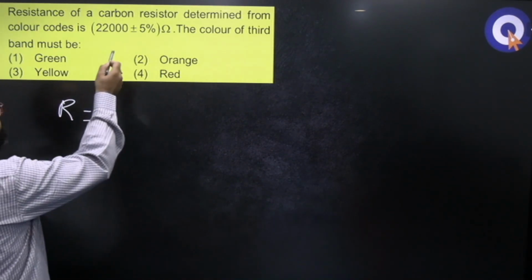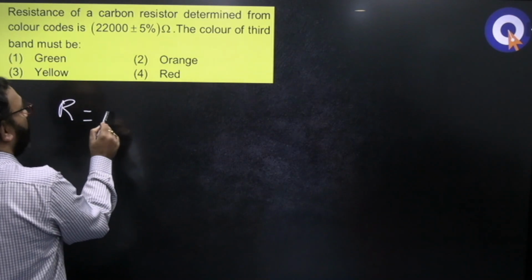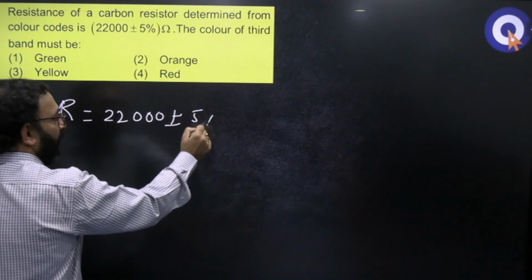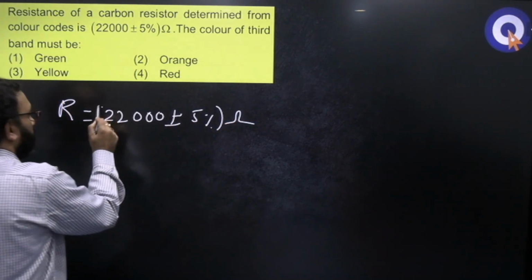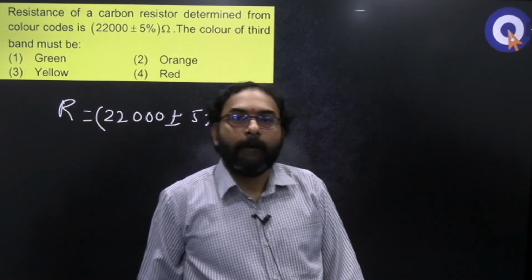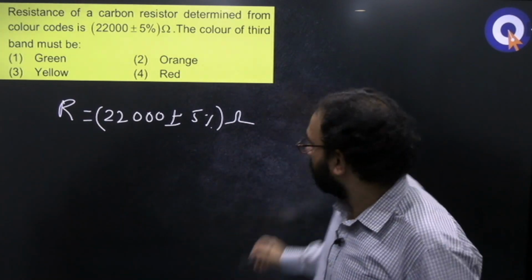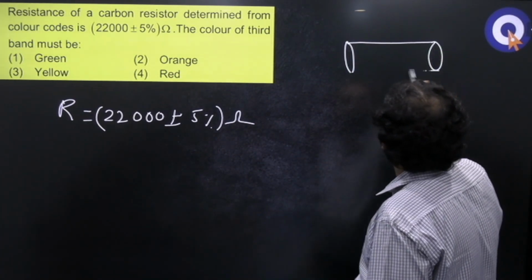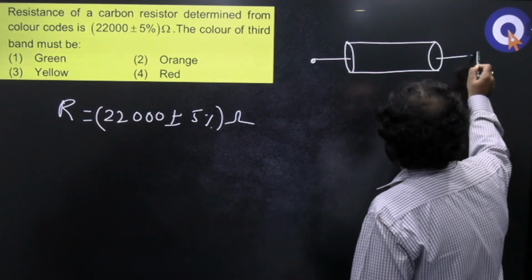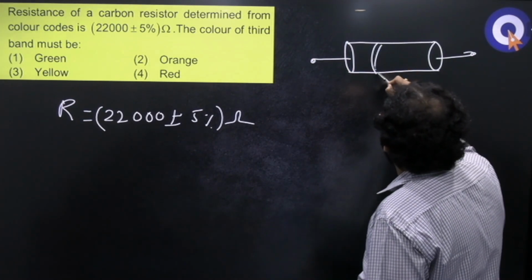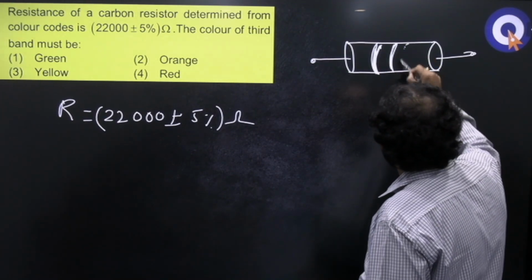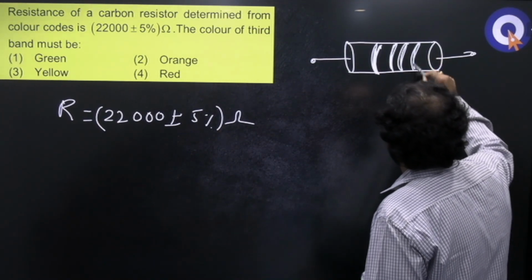Resistance. Given the resistance of a resistor is 22000 plus or minus 5%. So this is a question based on color coding. Suppose this is a resistor with terminals, and this is band one, the color one. This is color 2, 3, 4.